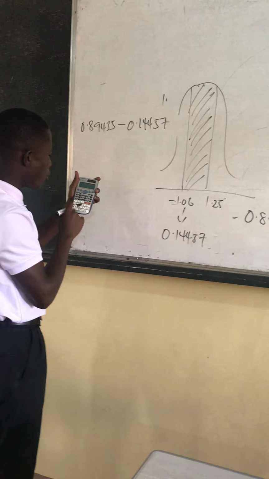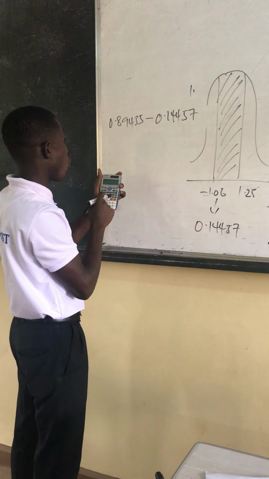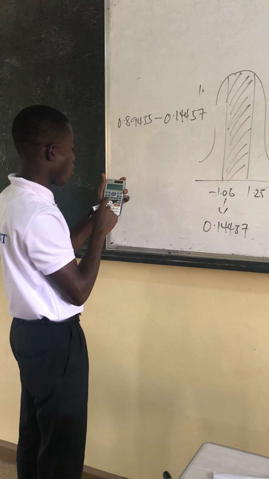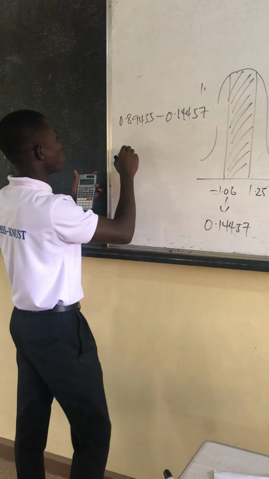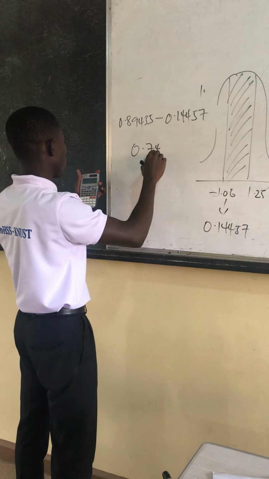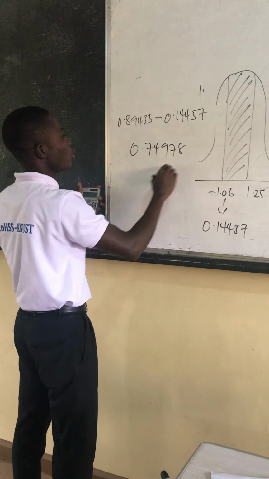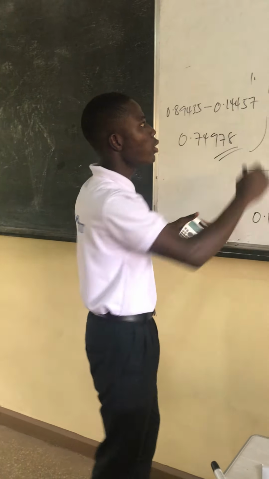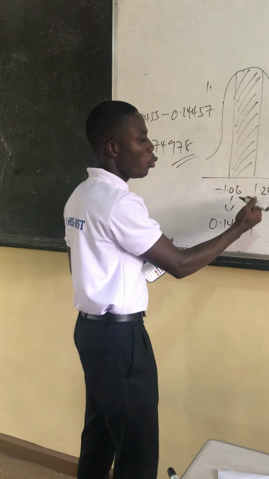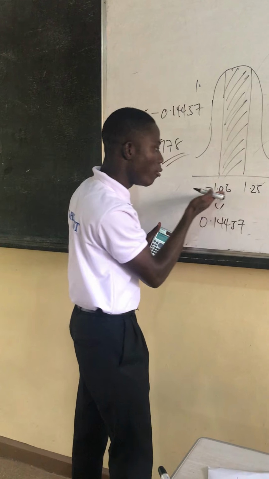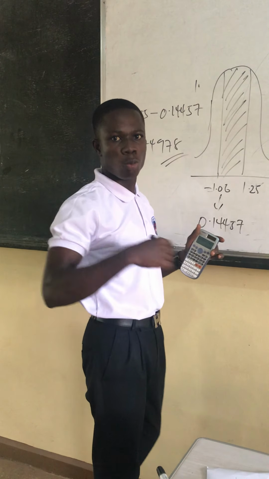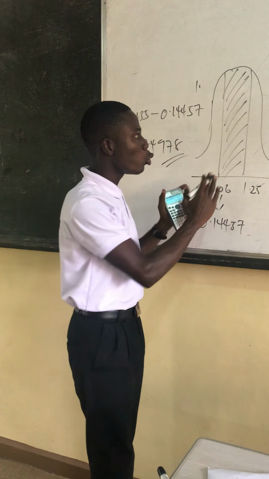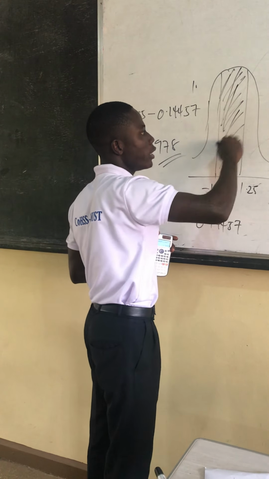With 0.89435 minus 0.14457, my answer is 0.74978. So this becomes my final answer. So whenever you are given a distribution whereby they shaded the middle, you find your z here and you find your z there, then you subtract the smaller one from the bigger one, then you get your final answer. So this is whereby the middle is shaded.